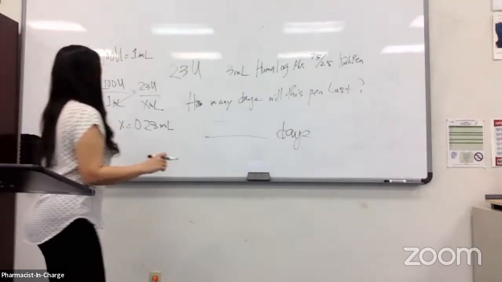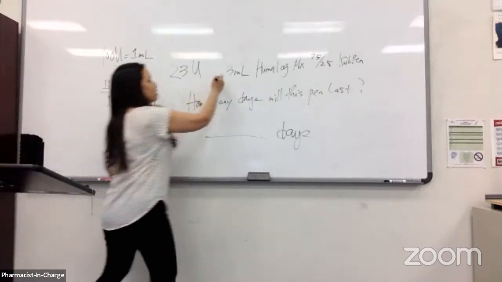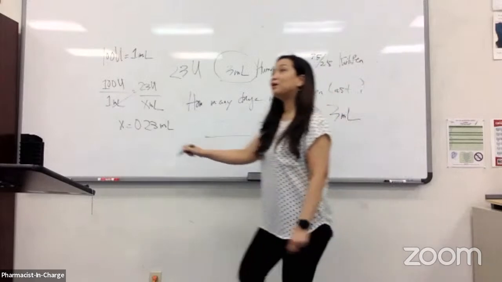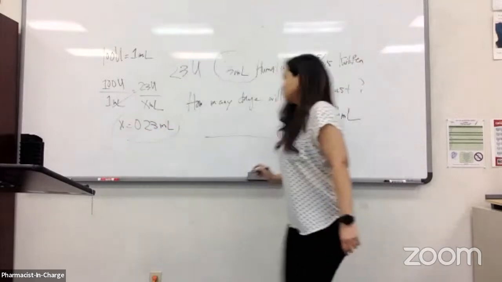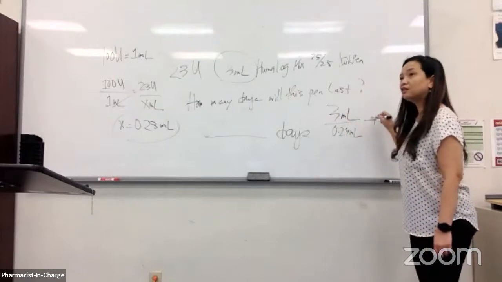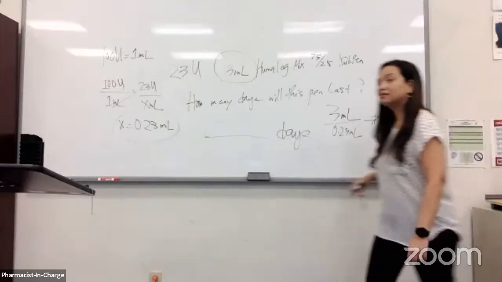What's the process for day supply? The total quantity, which is 3 ml, divided by what you got here, 0.23 ml. And that should give you 13. Good job.